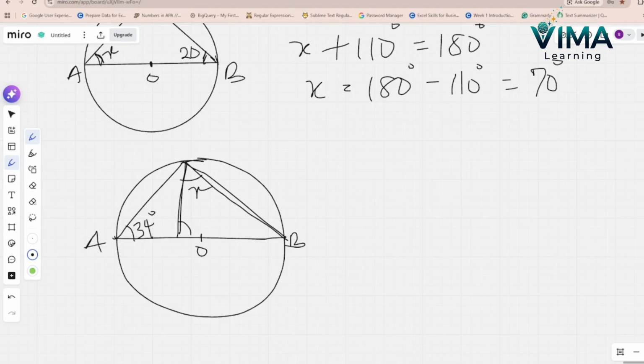This is 61 degrees. And we have to find angle X.